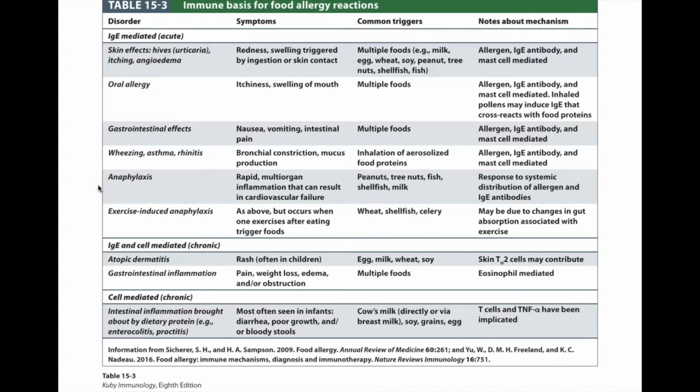A more severe one is anaphylaxis, where the airways and respiratory tract swell to the point that we can't move oxygen. We also get drops in blood pressure, which causes the heart not to be able to pump the blood, and so these can lead to cardiovascular failure. These are severe allergies.